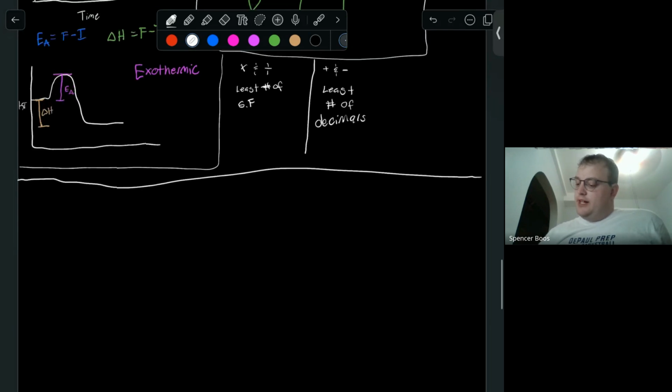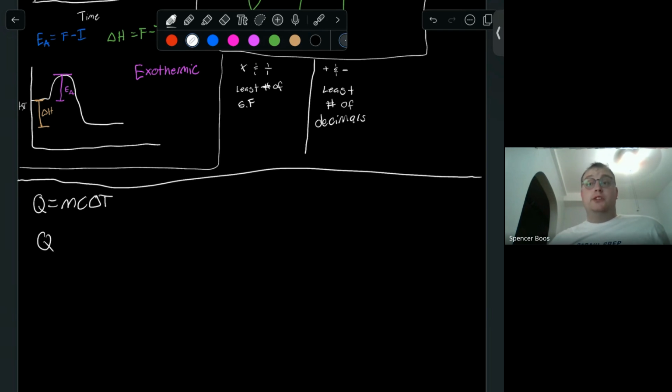Let's say we've got Q is equal to MC delta T. Of course, Q, heat, can be positive or negative. Let's say Q is negative 8,090 joules.